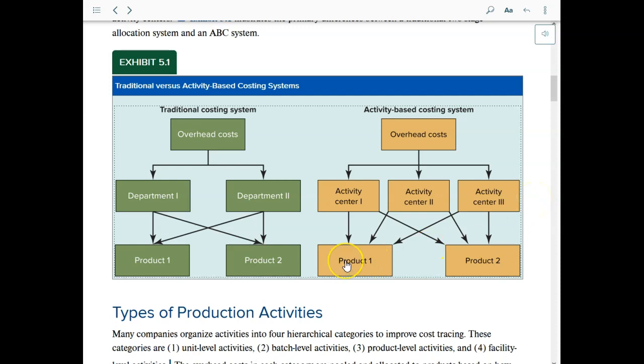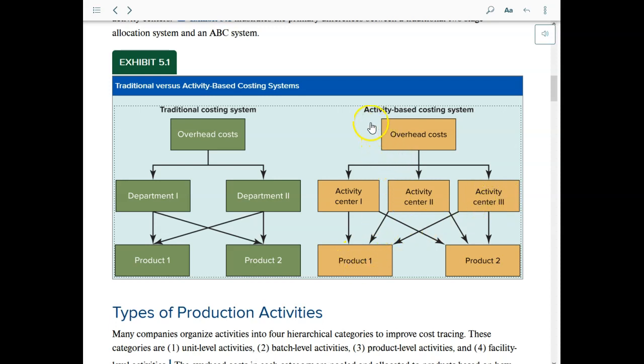So now as product 1 uses some of the activity 1 center activity or production or whatever, you allocate cost to product 1 based on a cost driver specific for activity center number 1. Same thing for activity center number 2. You look at the cost pool here, allocate it based on how much of this activity product 1 used. Again, you can have a different allocation base as well as number 3.